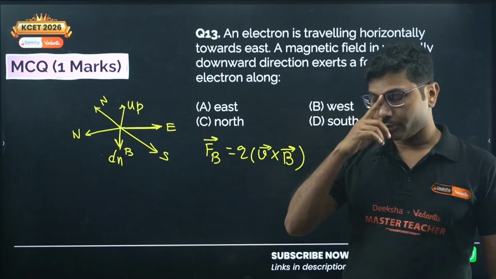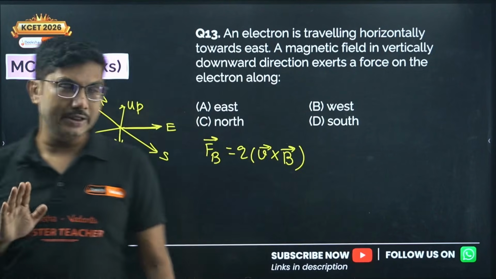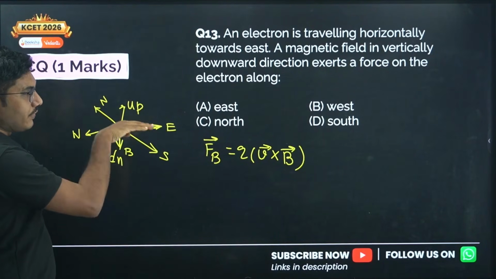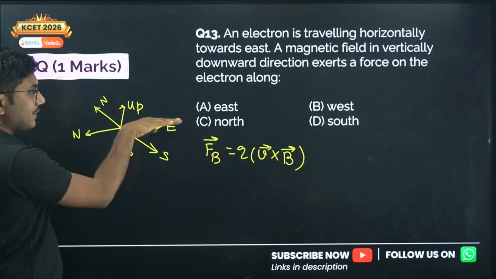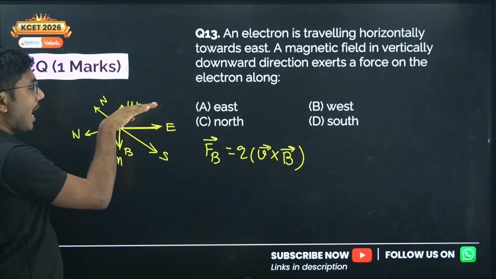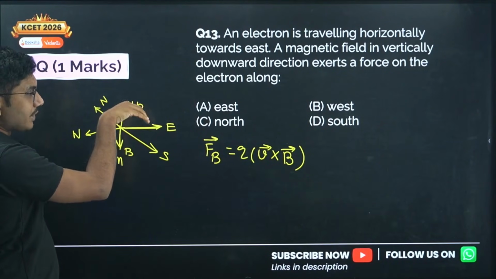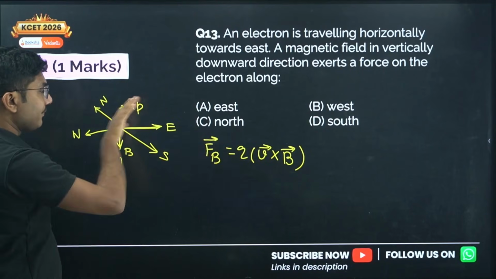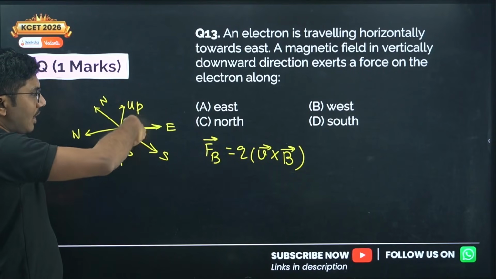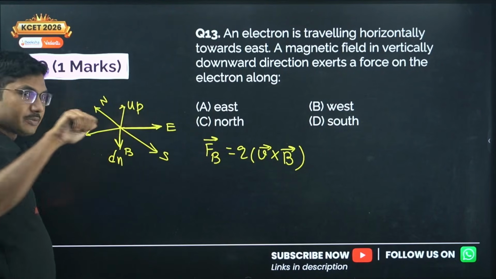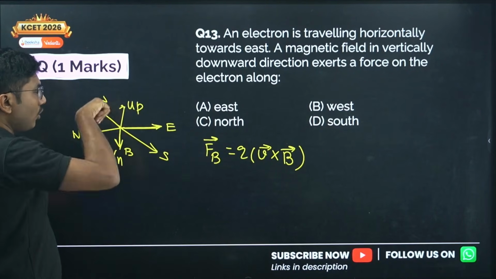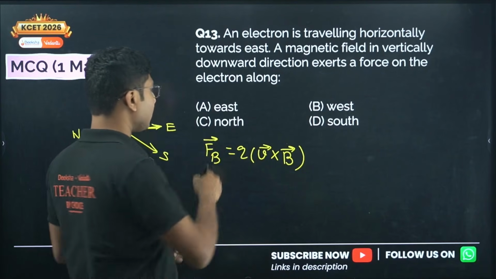You first align your fingers in the direction of velocity. Velocity is along the east direction, and then you rotate your fingers towards the second vector, which is the magnetic field, in this case downward. Downward means the other direction must be into the page, that is north. So it will be along the north direction.